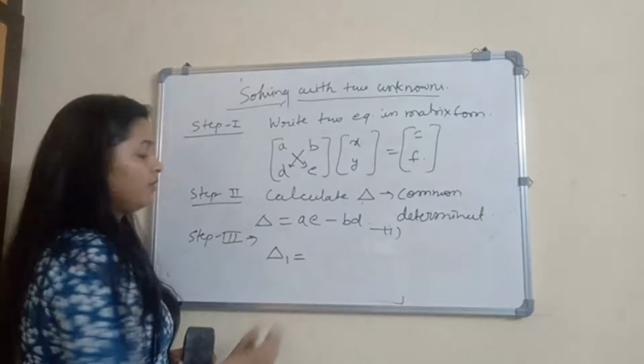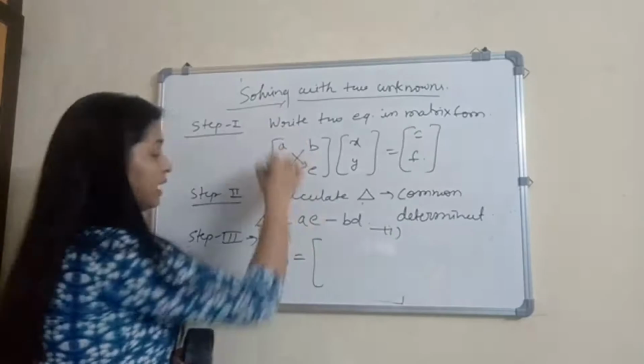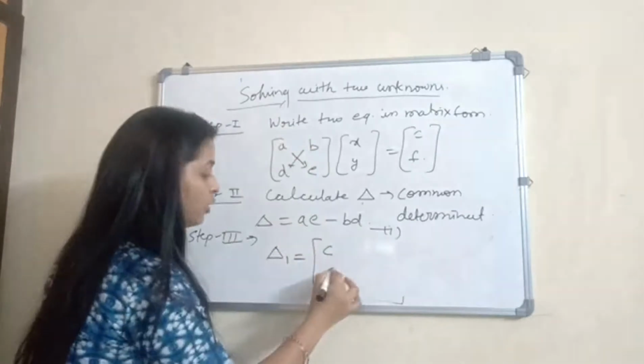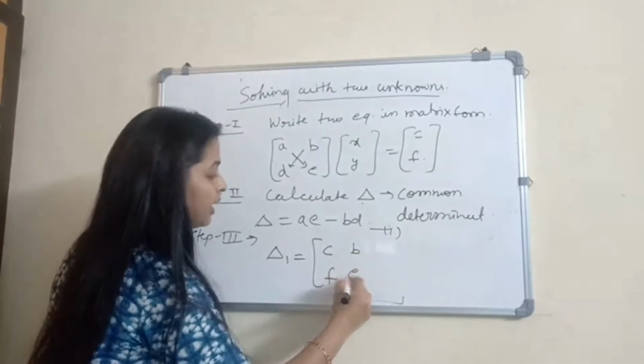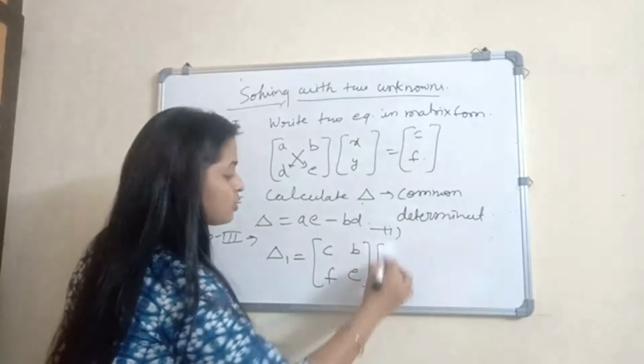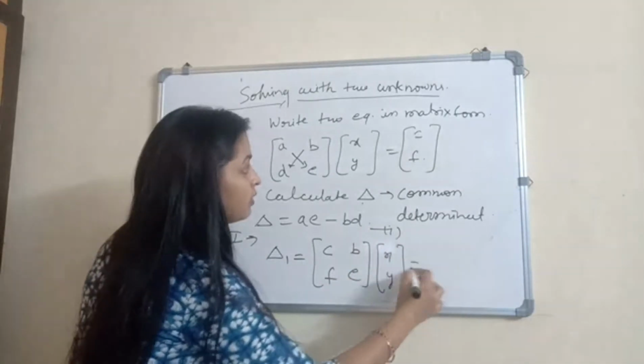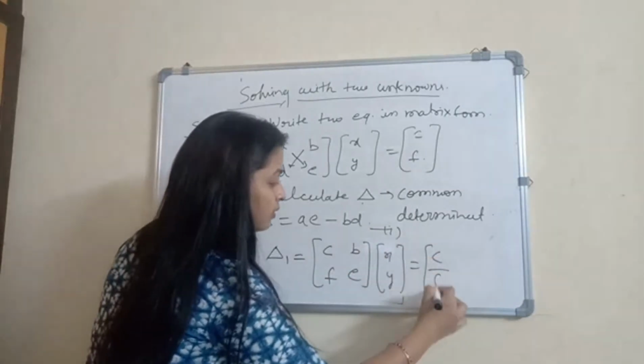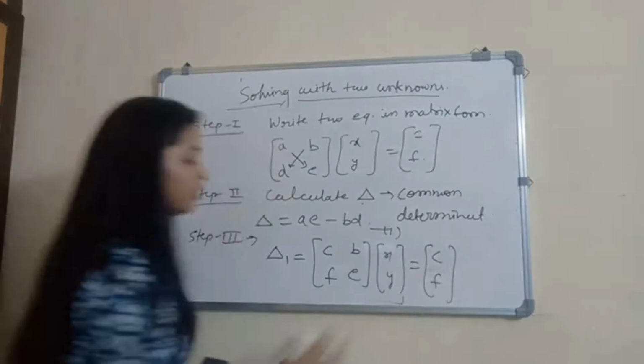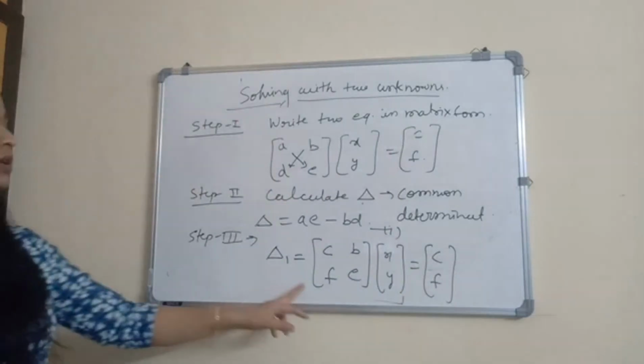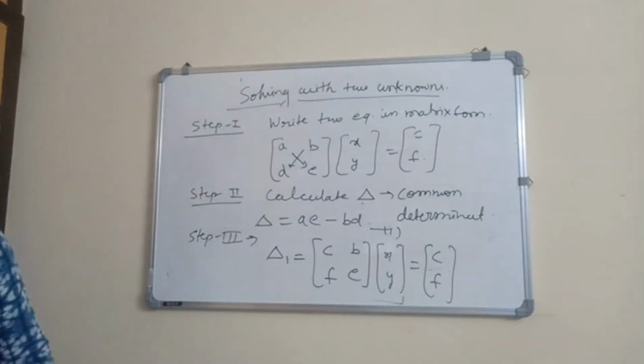So del 1 is what? When I replace my complete first column with my constants, I would be able to calculate the components of x. So in that case, you can calculate del 1.